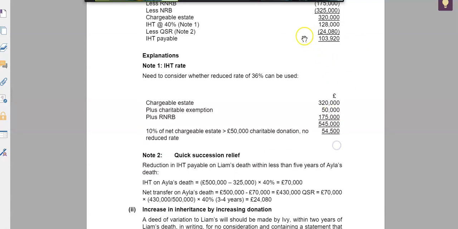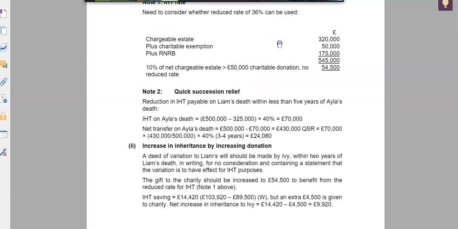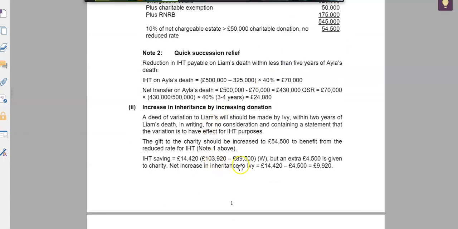Agreed. At the moment, the tax is at the rate of 40%, but it can reduce to 36%. And if it is reduced to 36%, how much will be saving? The saving will be 14,420. But an extra 4,500 is given to charity. The net increase in the inheritance to Evie would be 14,420 minus 4,500. That's 9,920.